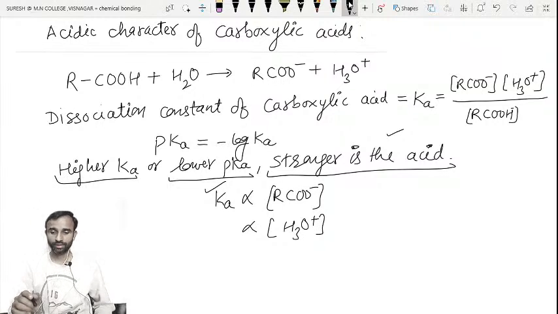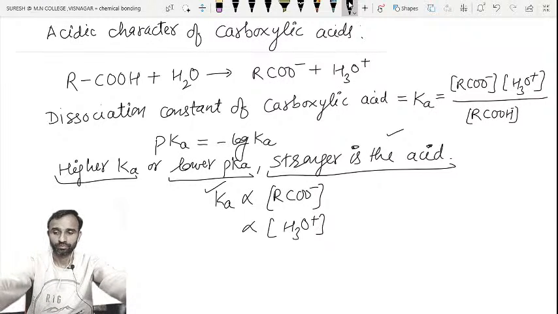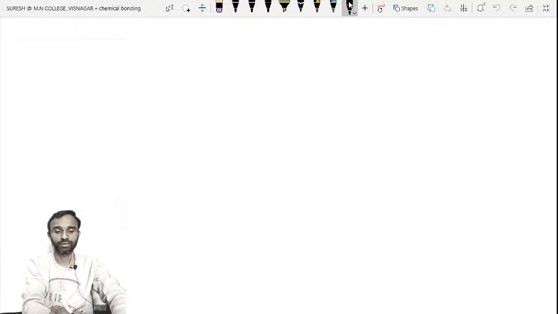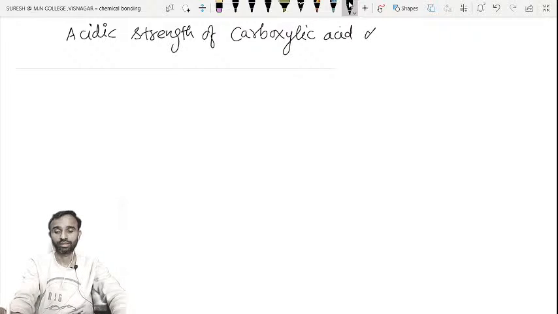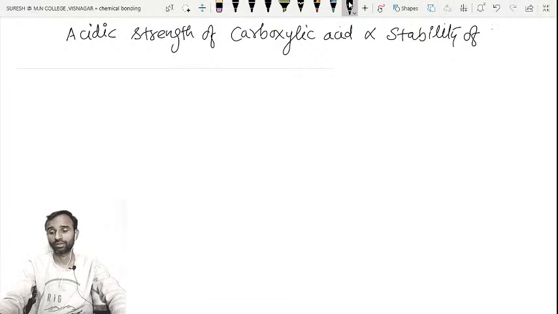Now that means acidic strength of carboxylic acid is proportional to stability of carboxylate ion.